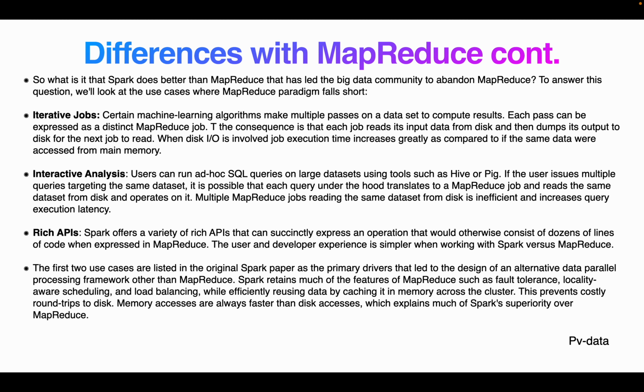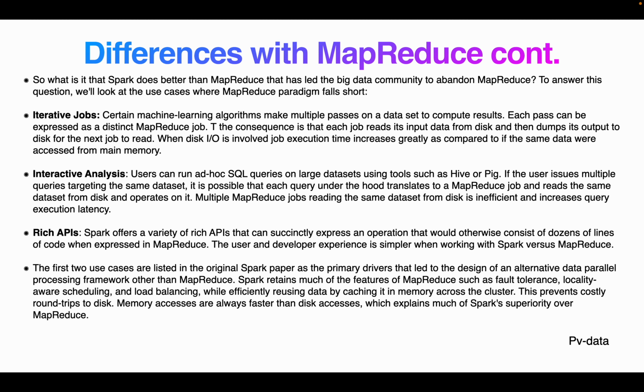The third point is the features of Spark: Spark offers a variety of rich APIs that can successfully express an operation that would otherwise consist of dozens of lines of code in MapReduce. With Spark's rich API you can write in one line what takes dozens of lines in MapReduce. Users and developers can express things more simply when working with Spark versus MapReduce.